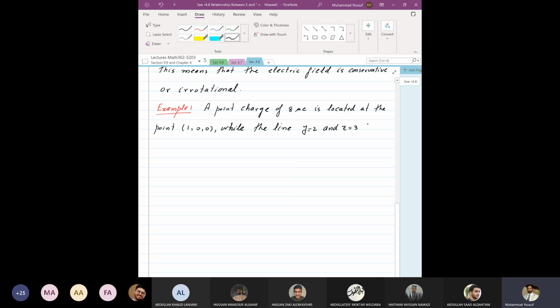So let me put in brackets: a line parallel to the x-axis. We have seen this type of thing once before.